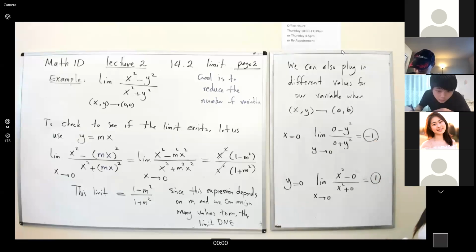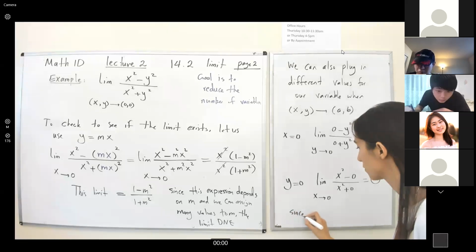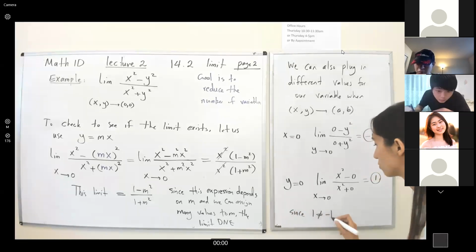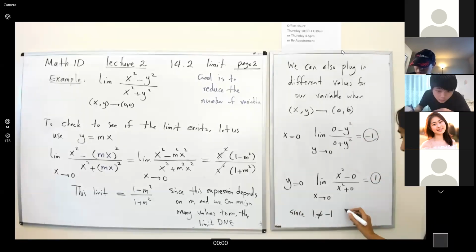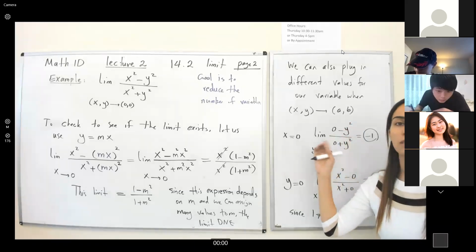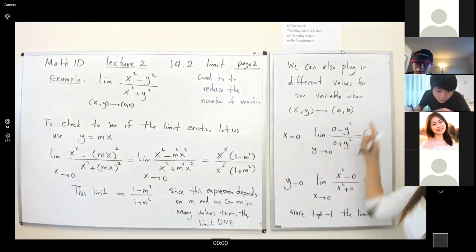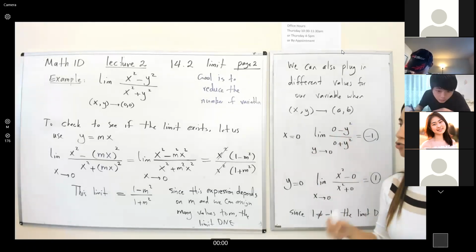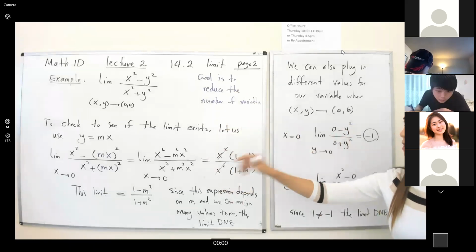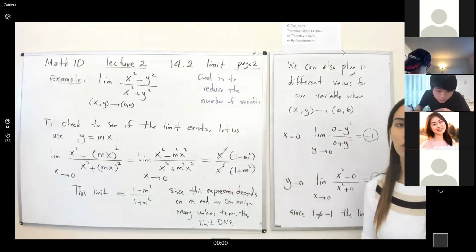So the limit doesn't exist, since 1 is not equal to -1. I don't recommend this method. You have functions that don't respond to this method. Try to feel comfortable plugging in general functions.